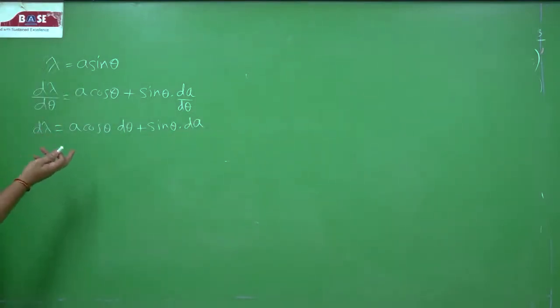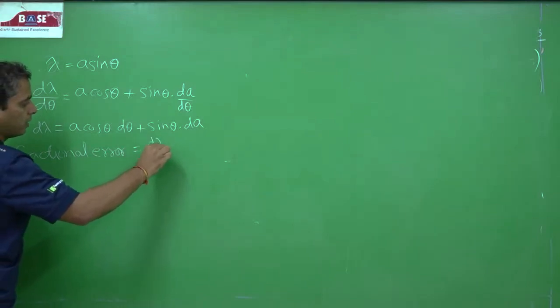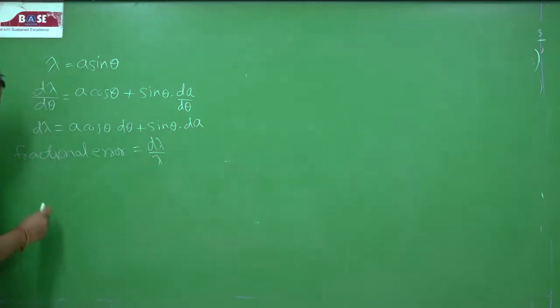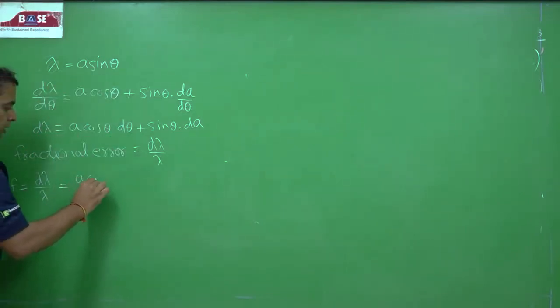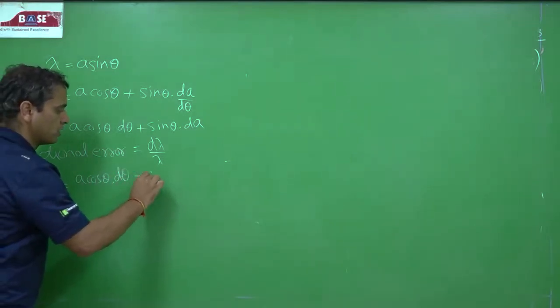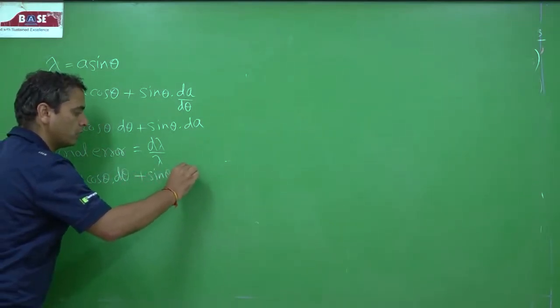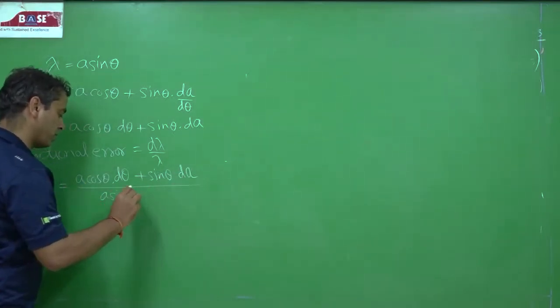This is the error, but we want to find the fractional error. So fractional error will be the error value divided by the actual value, right? So we get d lambda by lambda as the fractional error, and we have to divide by lambda. Lambda was a sine theta, so I'll write a cos theta d theta plus sine theta into dA, all divided by a sine theta.